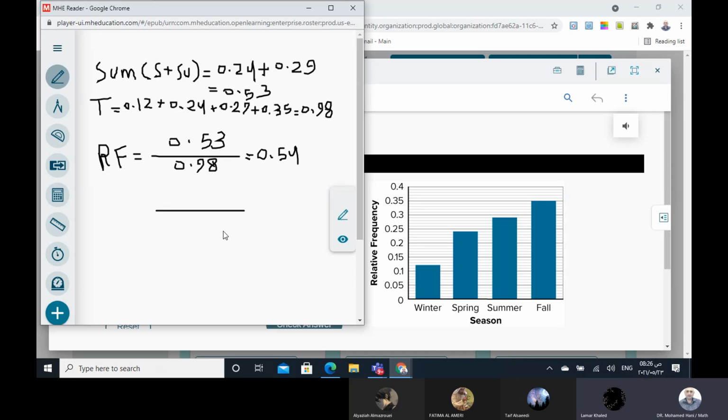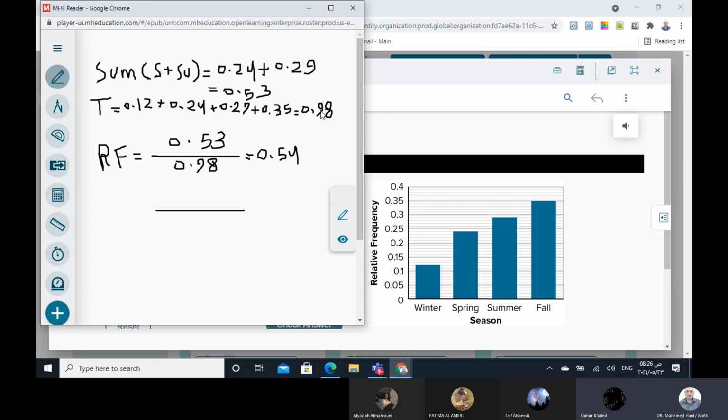Yes, sir. When we add the total, it gave me 1, not 0.98. Repeat your question. Yes, sir, the total, Mister, you said it's 0.98, but I think it's 1.